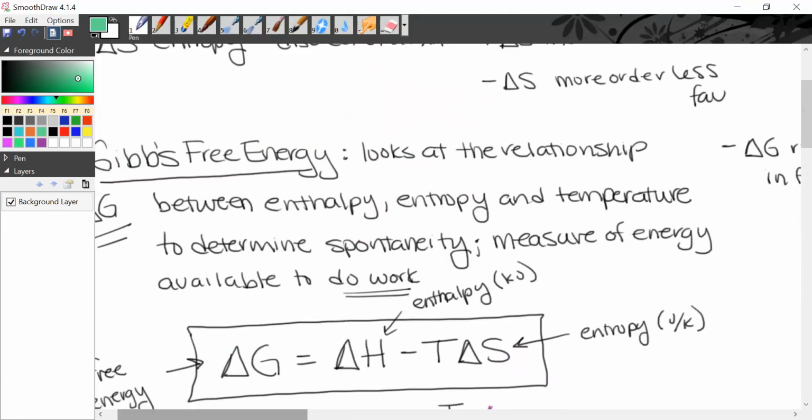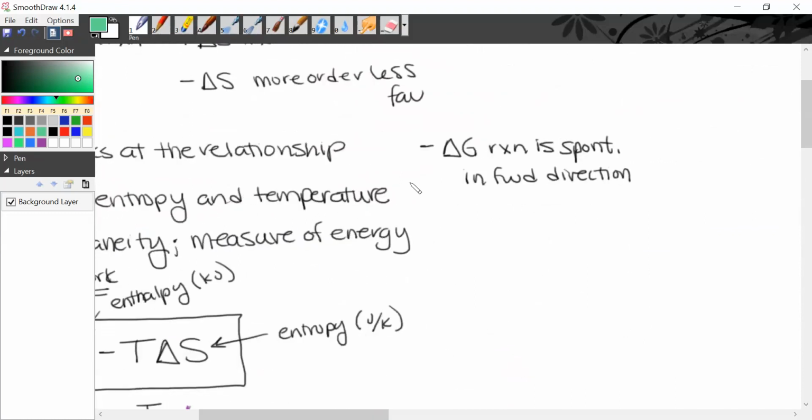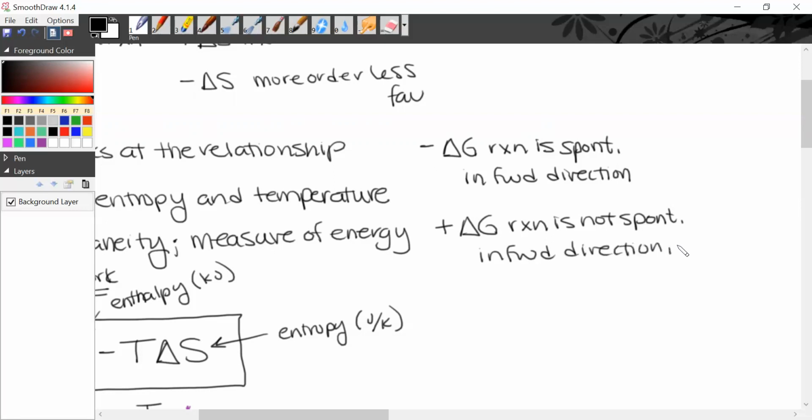I've now proved to you using this equation, the negative delta G is spontaneous in the forward direction. A positive delta G, the reaction is not spontaneous in the forward direction, but is spontaneous in reverse.